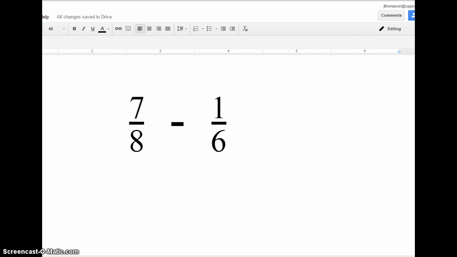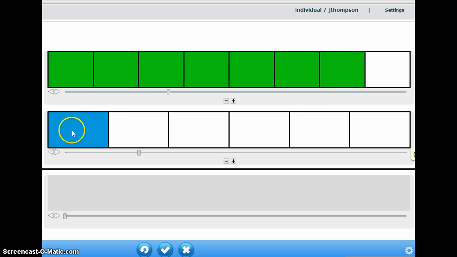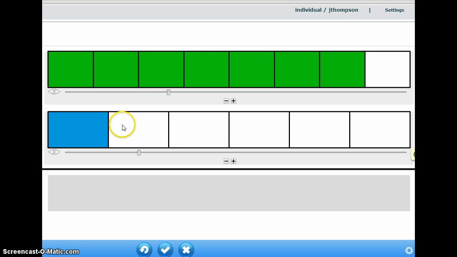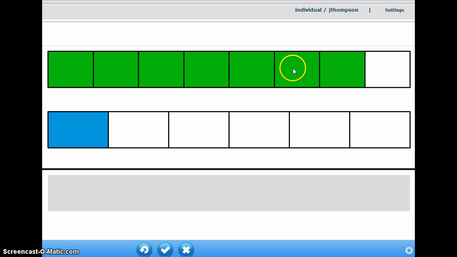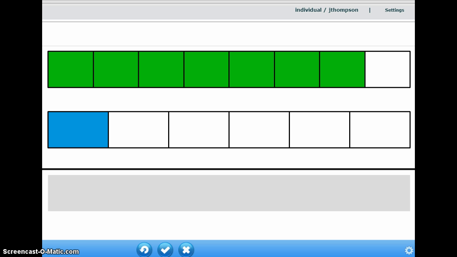My next example problem is a subtraction problem. 7/8 minus 1/6. This is what it looks like. 7/8 taken away 1/6. You can see here that the denominators are not the same. So I need to find a common denominator, so I know how big my fraction will be in equal parts.